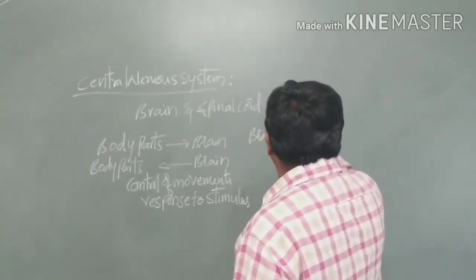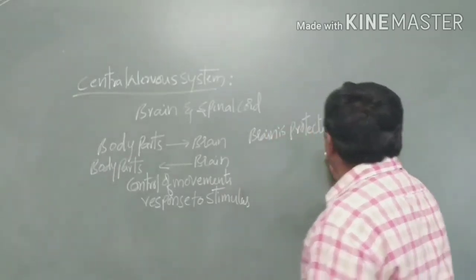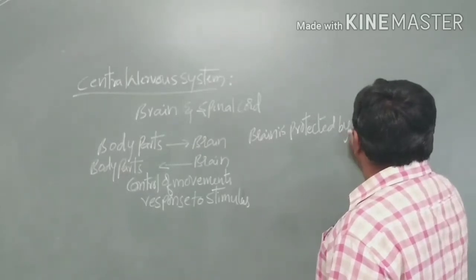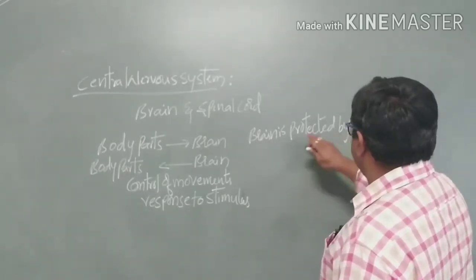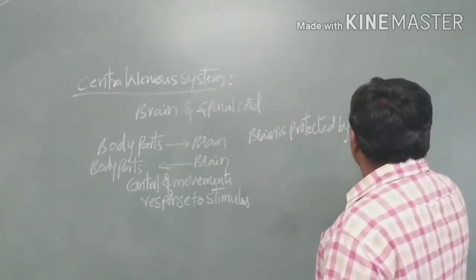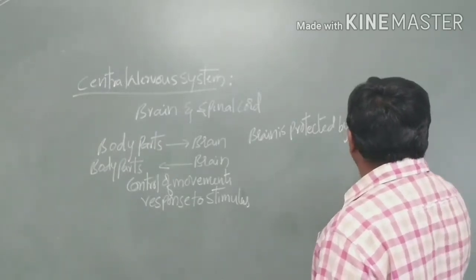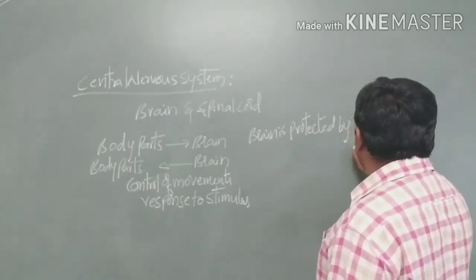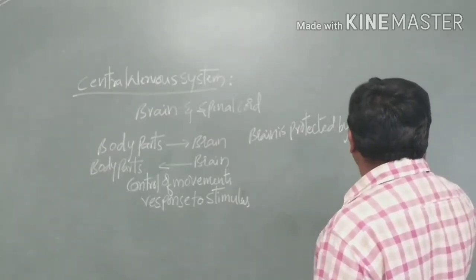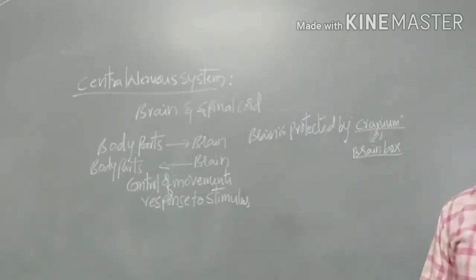a protective structure called the cranium. Otherwise, it is also called the brain box.